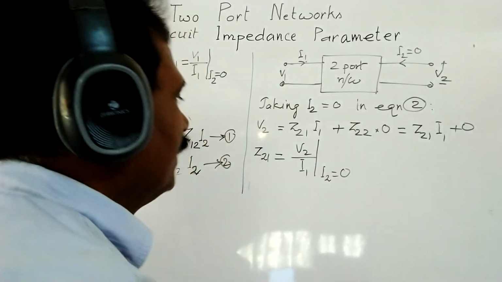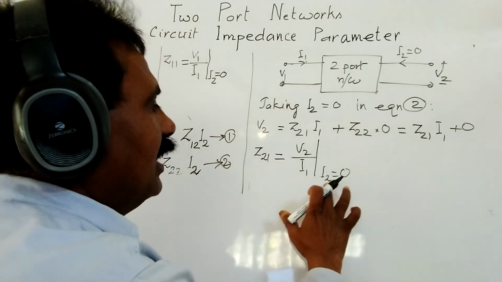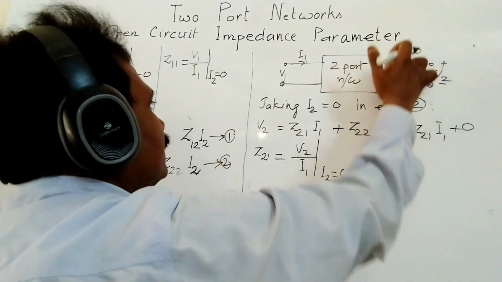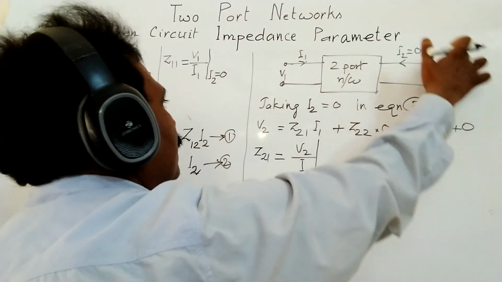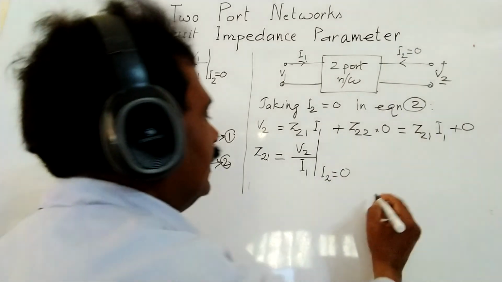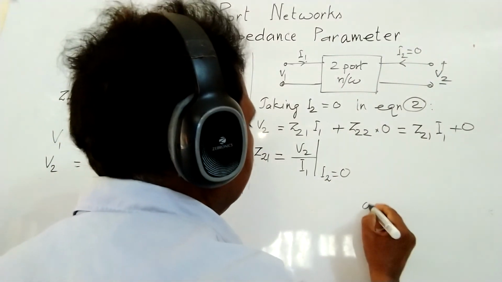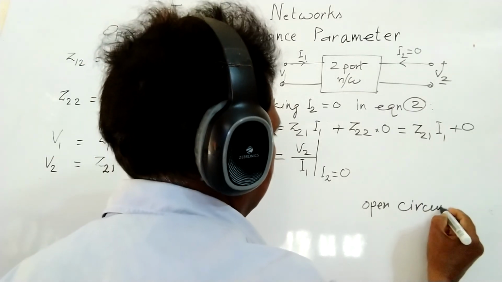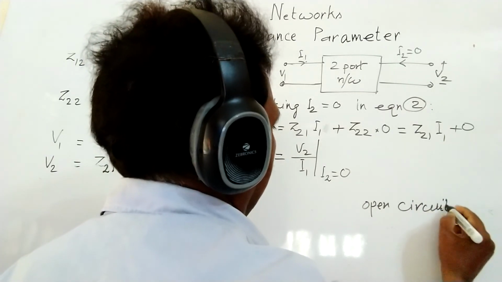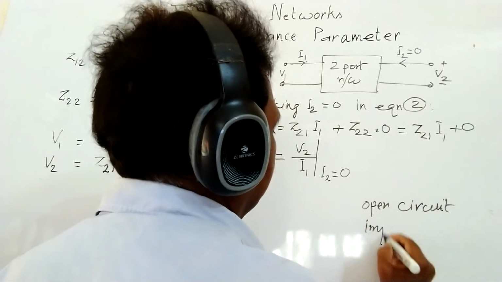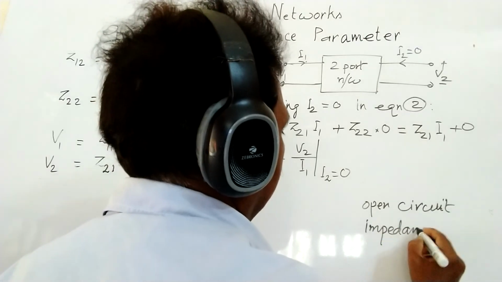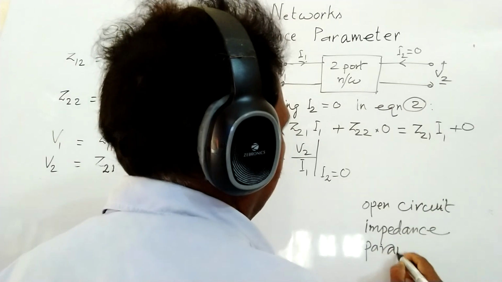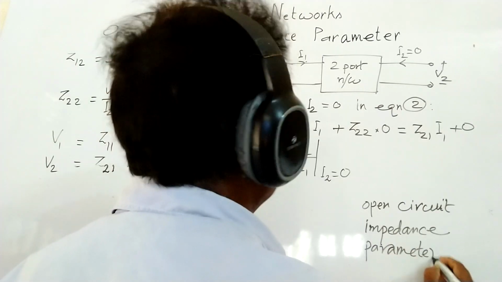That is the first thing. Second, we have taken I2 equal to 0, which means we have open circuited the output port. Then this is the open circuit impedance parameter. What is left here?